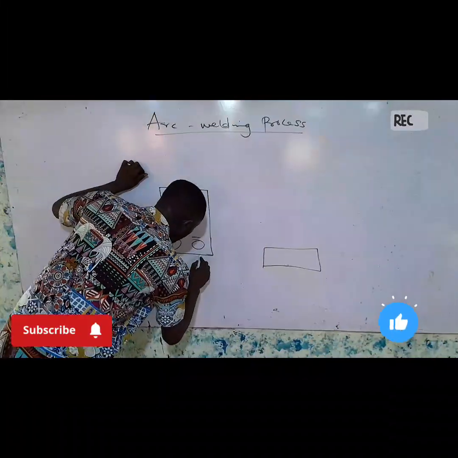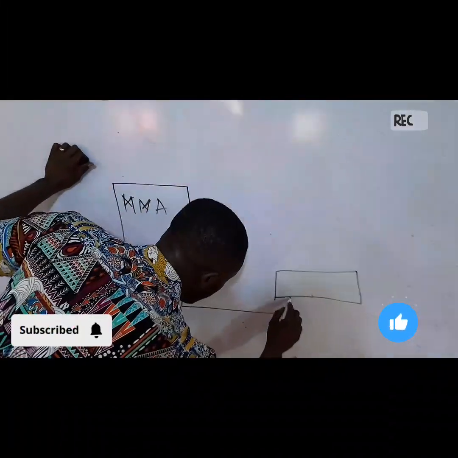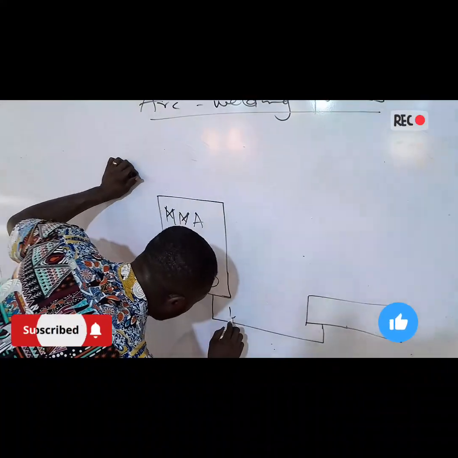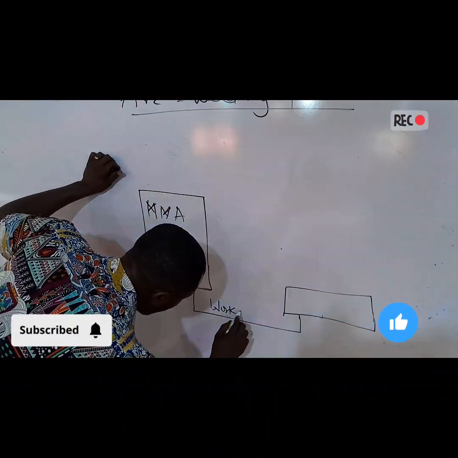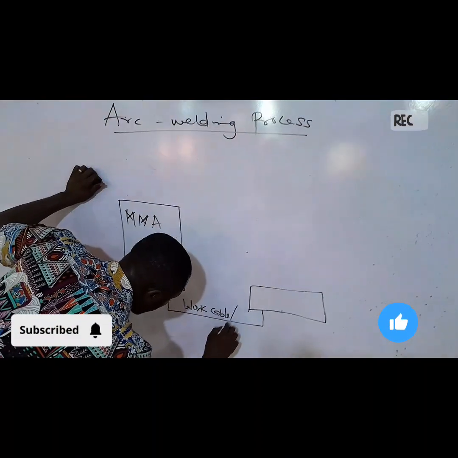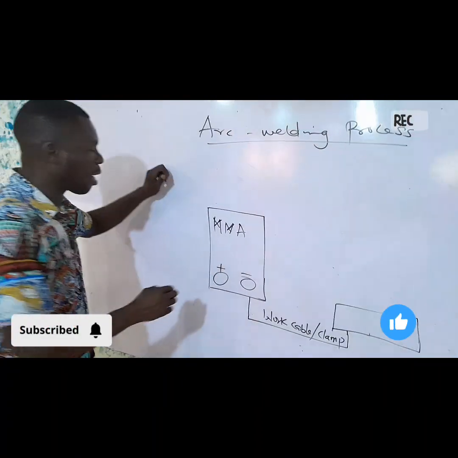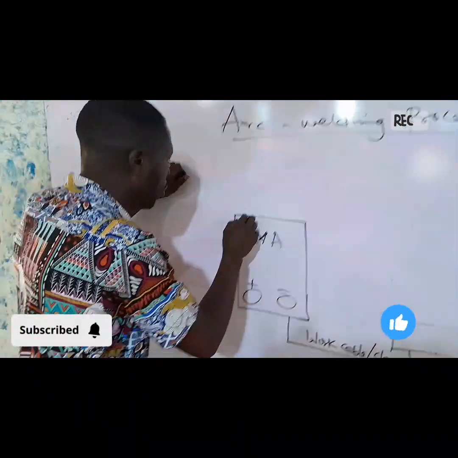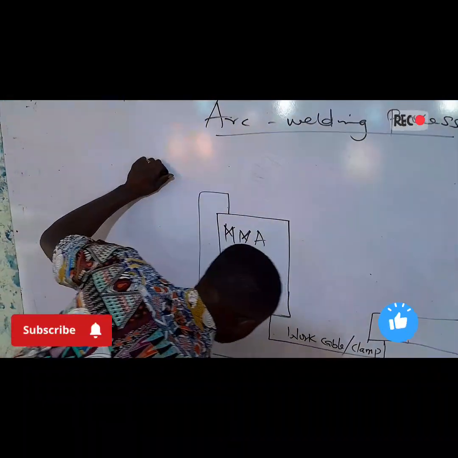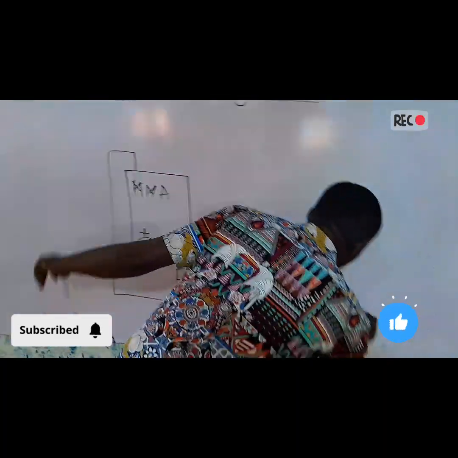Now we have this cable from here to the workpiece, which is called the work cable or the clamp. Now we also have this cable running from this point to the tongue.